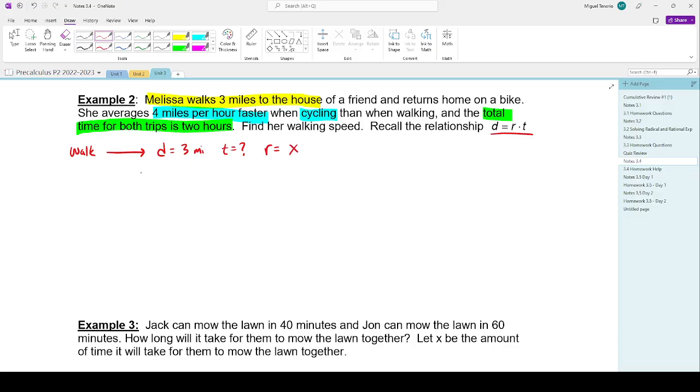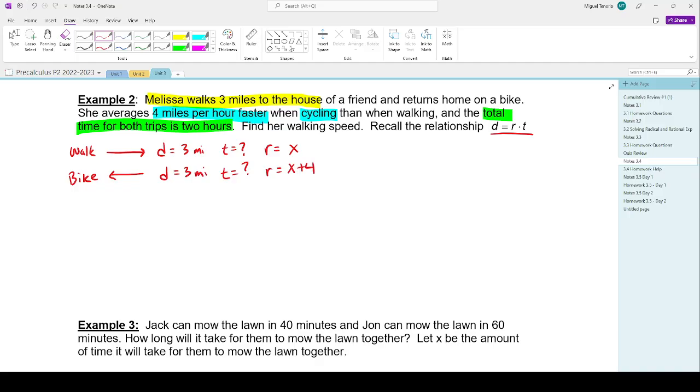The other thing we know is when we're going the opposite way, when we're going back, we are biking. We're still biking, however, 3 miles, which is actually really useful for us. Yes, we still don't know how long it took to bike, but we know the rate was faster. We know that it was the walking speed plus 4 miles per hour.